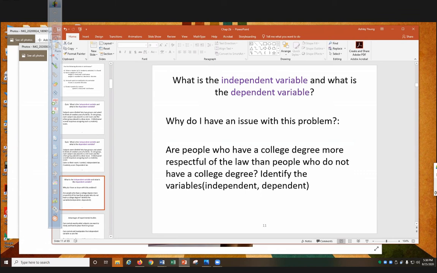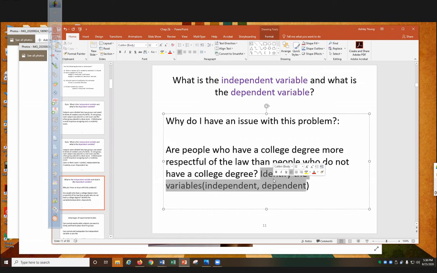Right. So I was fine with this statement here, I guess, in a way, sort of. But I had a problem with them asking people to identify the variables independent and dependent. Why did I have an issue with them saying that one's independent and one's dependent? So I want to take 15 seconds, think about it, and see if anyone can come up with an idea.